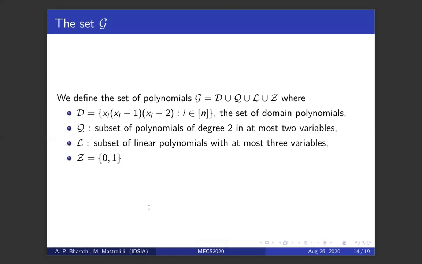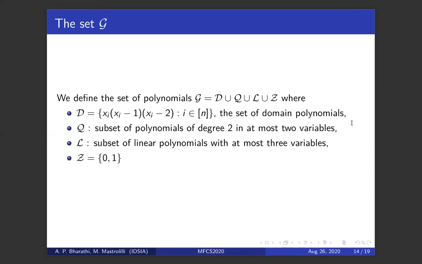So we'll take a look at what the set G looks like. We have classified G into polynomials of 4 types based on their degree. We have the domain polynomials, which restrict every variable to only take values from the 3-element domain {0, 1, 2}. These are univariate polynomials of degree 3.